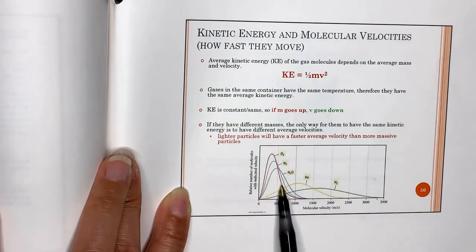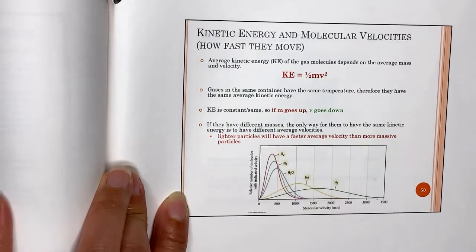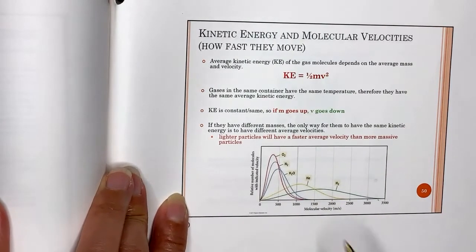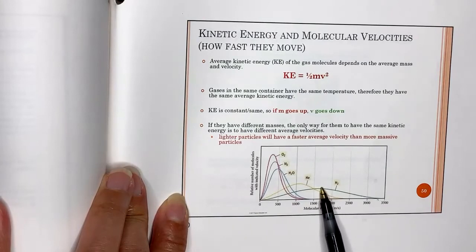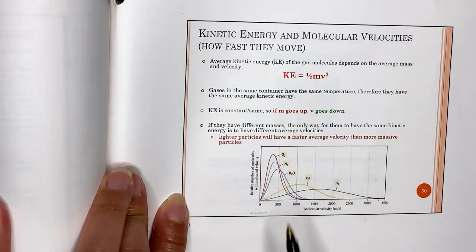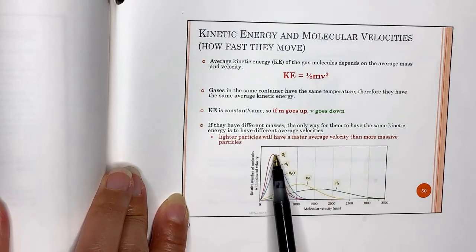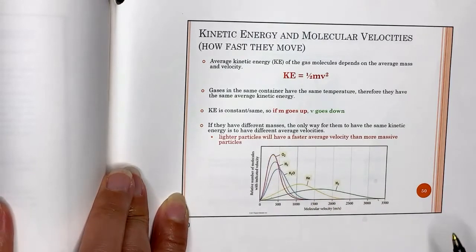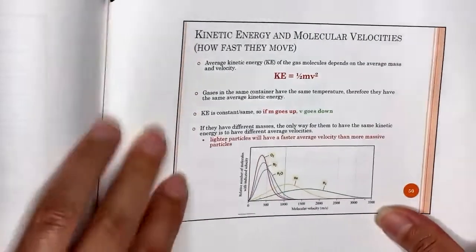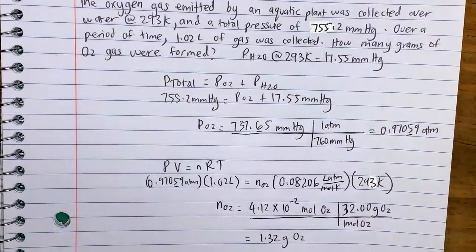This is a spread of different speeds: most of them are going at this speed, very few of them going at that speed. The majority of the molecules are moving at this speed. So you can see that the lighter the gas is, the faster it's moving, okay? So that's that.